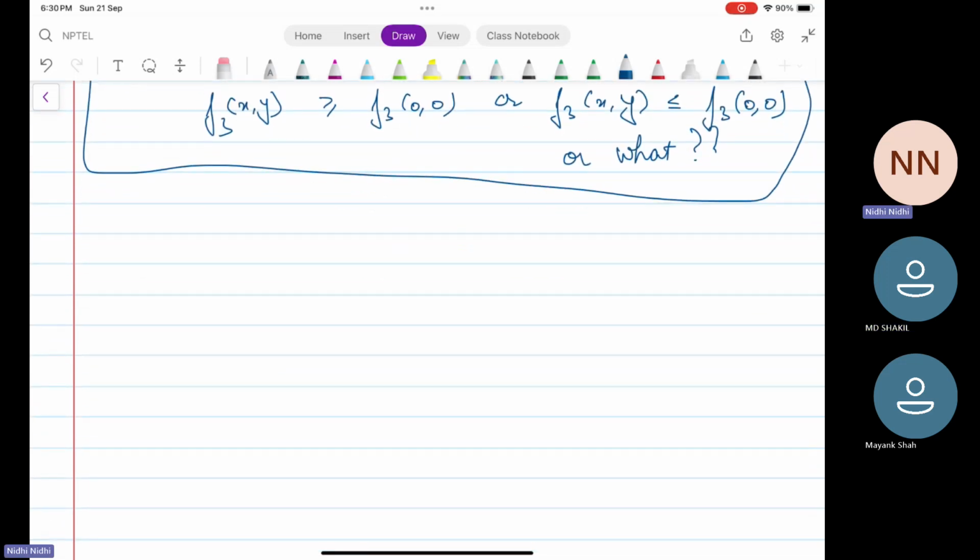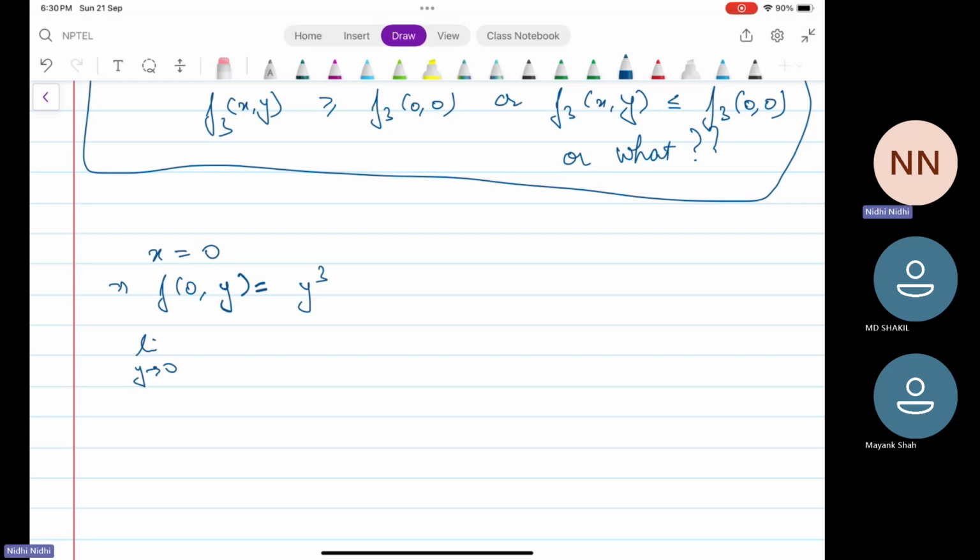You're saying if we take x equals to 0, then f(0, y) will be y cubed. And when y tends to 0, then the limit y tending to 0.